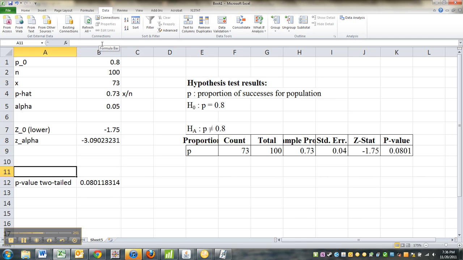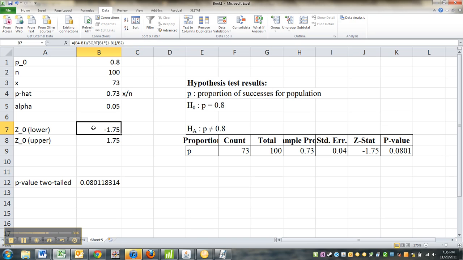So just keep in mind that there's also a Z0 upper, right? Because there's 2 of them because it's a two-tailed test. And that would be equal to the opposite of this one, okay? So if our sample data had been 87, it would have given us 1.75. And then you'd have to go find the negative 1.75 to go with it.